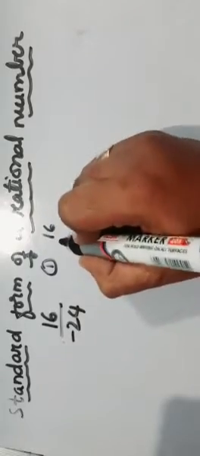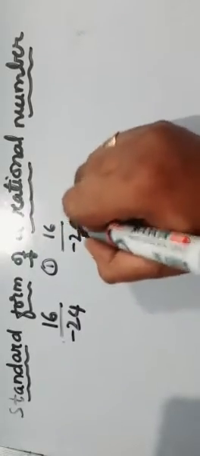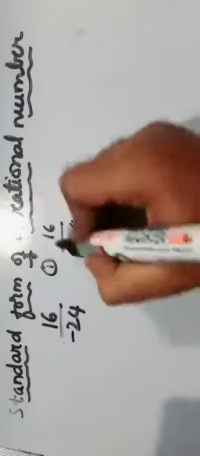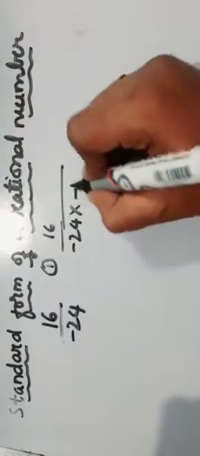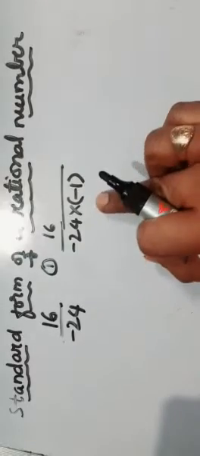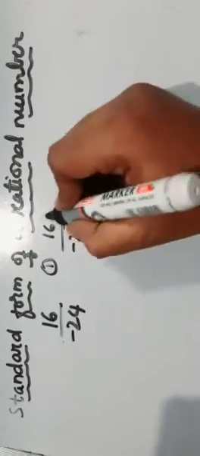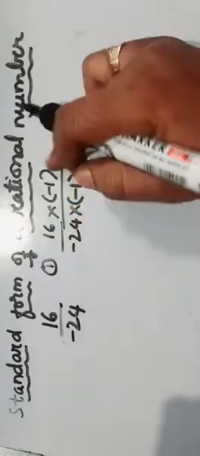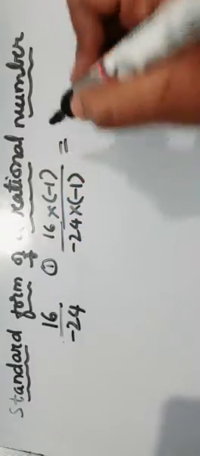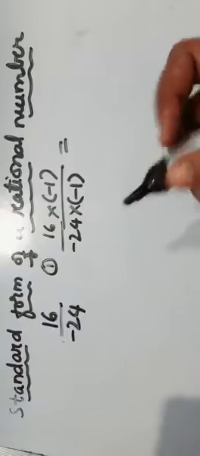So what I do in the first step, children, I take 16 by minus 24 as it is. To make the denominator positive, I have to multiply by minus 1. When I multiply the integer minus 1 in the denominator, I have to multiply the same integer in the numerator according to the properties of rational numbers.